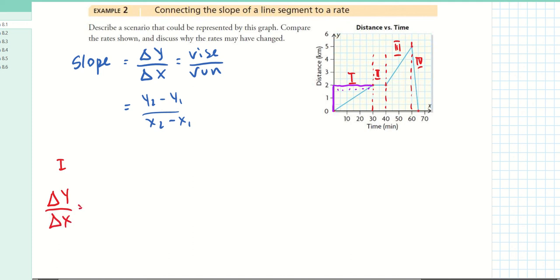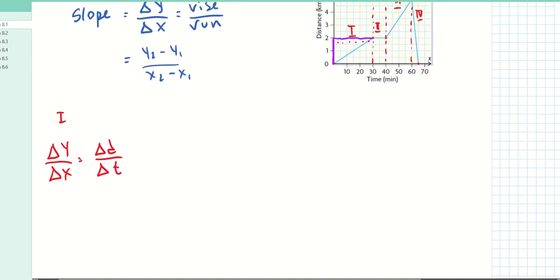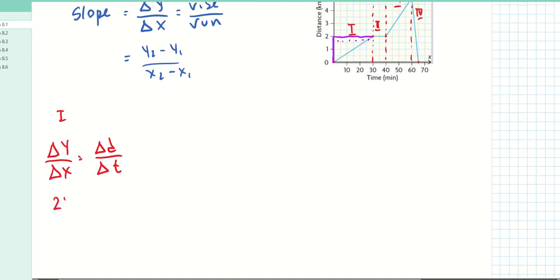In this case, we're talking about change in distance in our y, so this is going to be our delta d over delta t for time. That's what we're doing for part 1. We have 2 units, which is measured in kilometers in this case, so we have 2 kilometers over 30 minutes. That's our unit rate, or our rate here in the first interval.